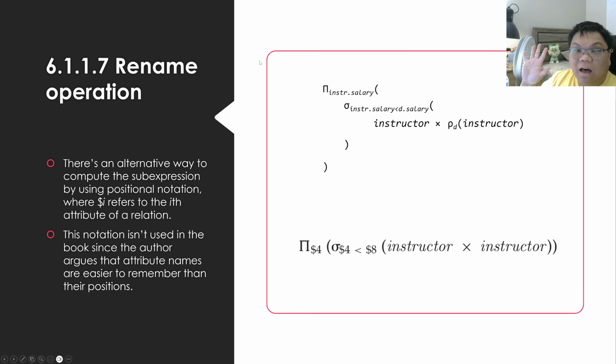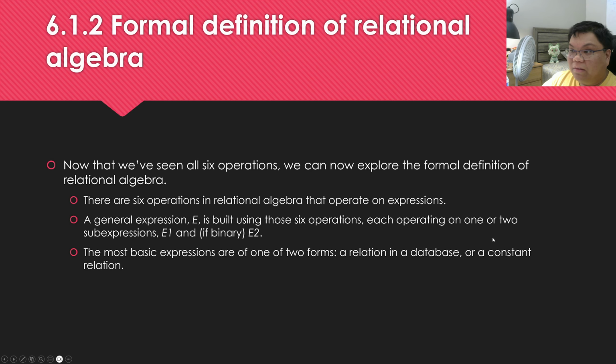And just like that, we have all 6 operations in relational algebra. So, let's look at the definition of relational algebra. There are 6 fundamental operations, and there are expressions.